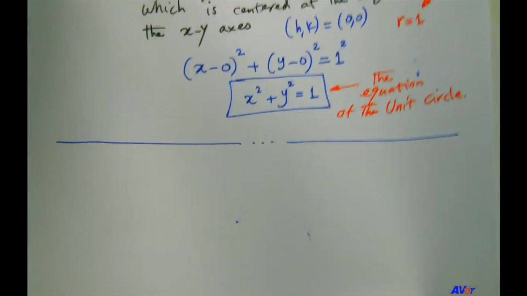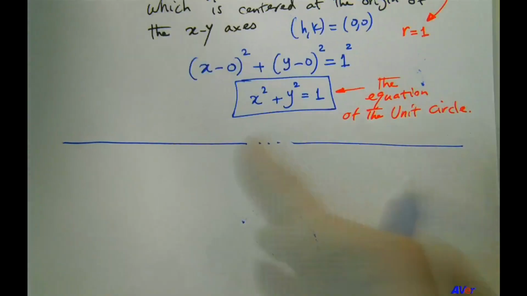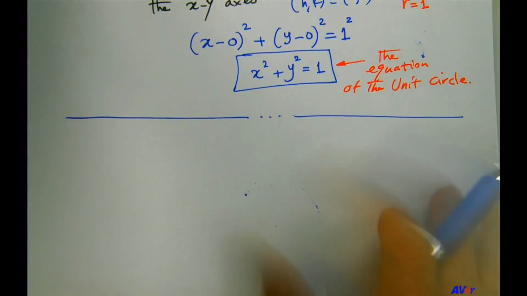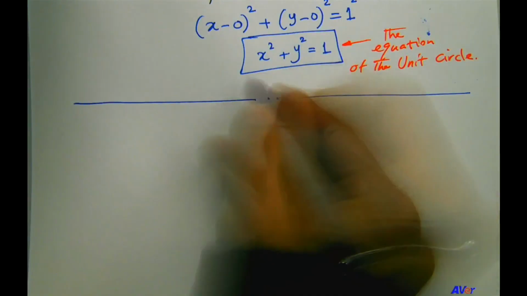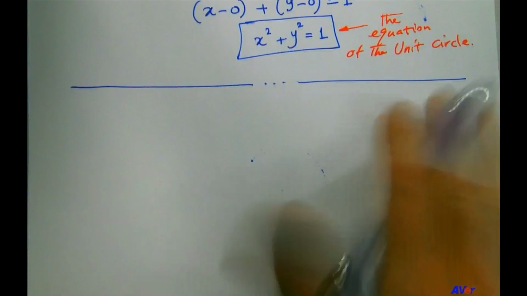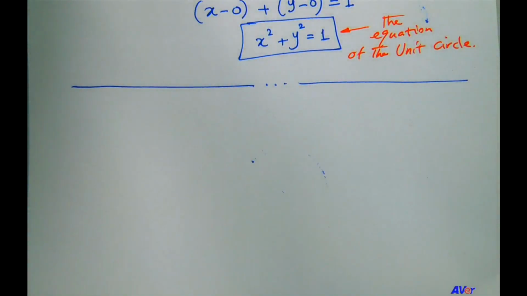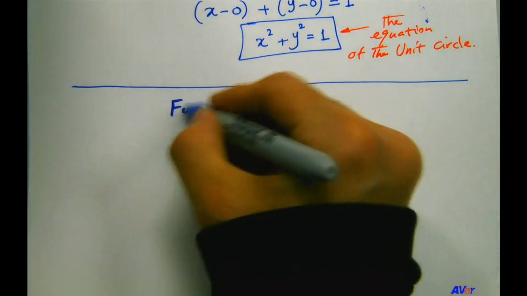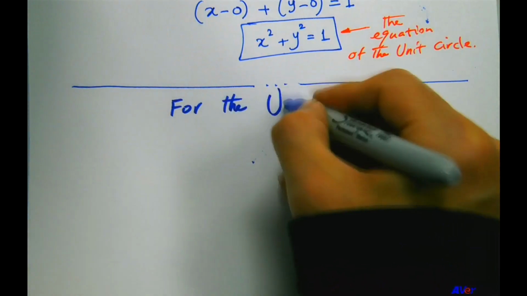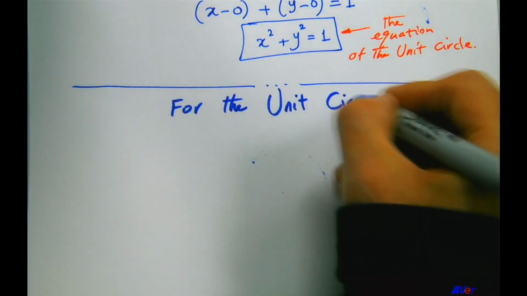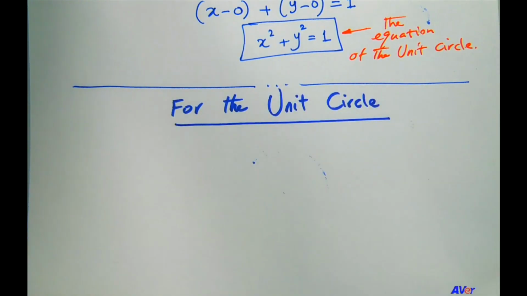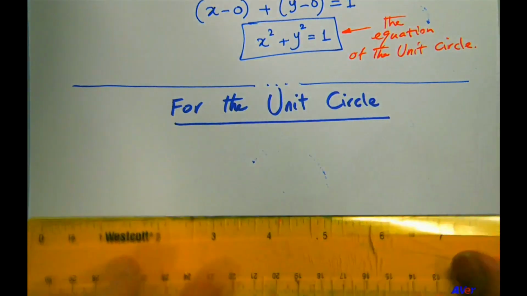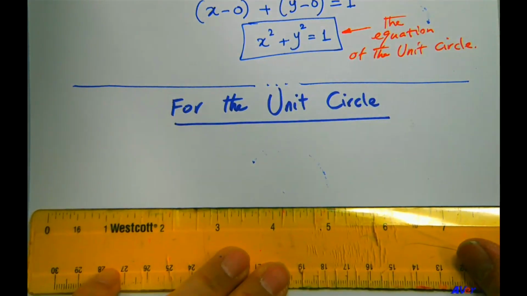Since we've been drawing graphs for the other examples, let's do a graph for this one too. I should have drawn the unit circle before this line, but it's okay. For the unit circle, we have this kind of situation.